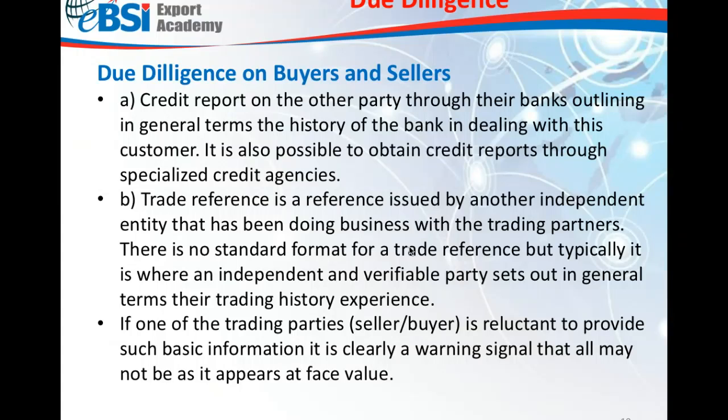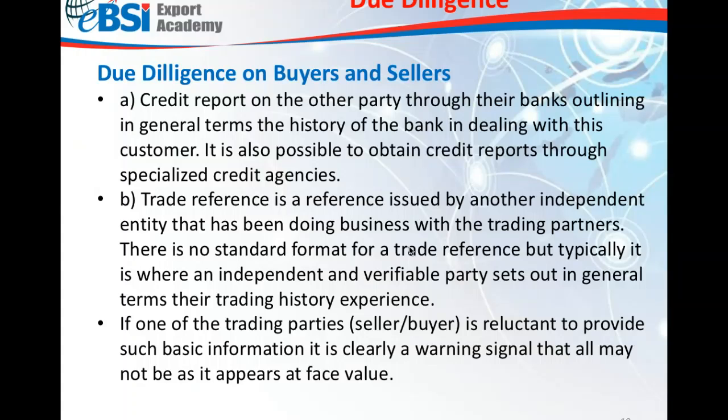In terms of doing due diligence on your buyers and sellers, I suggest strongly that you do a credit report on the other party through the banks, outlining in general terms the history of the bank in dealing with this customer. It is also possible to obtain credit reports through specialized credit agencies.